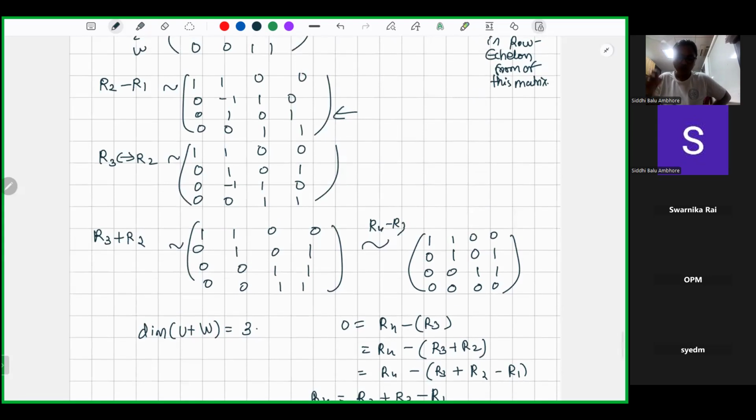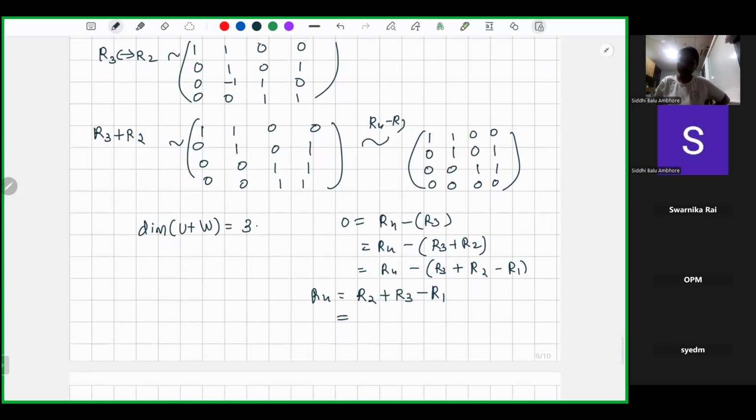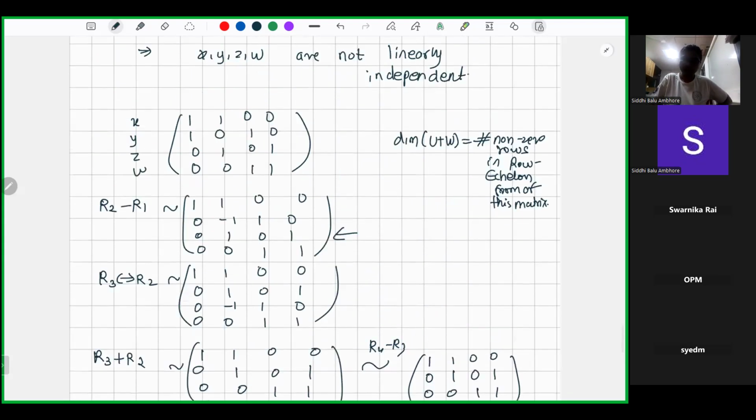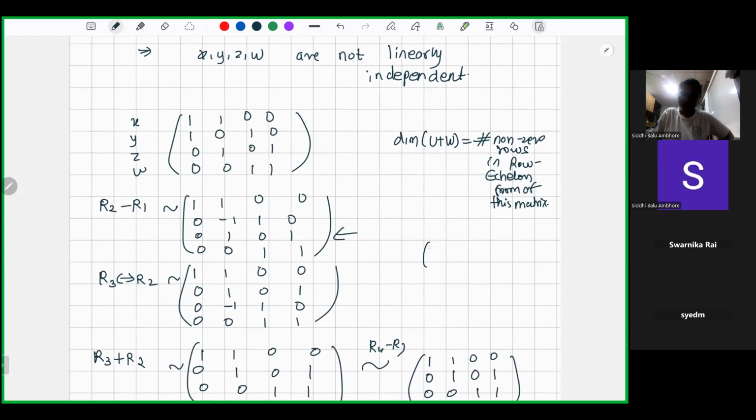We also swapped, right? 2 and 3. So if that is the case, doesn't matter. But is this true? R2 plus R3 is this 1, 1, 1, 1 minus R1. Yeah, that's correct.